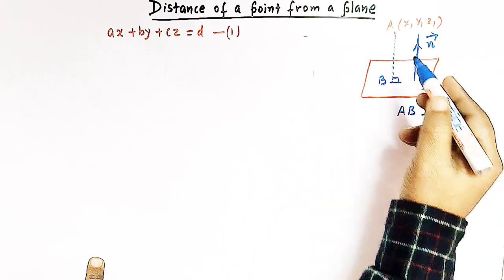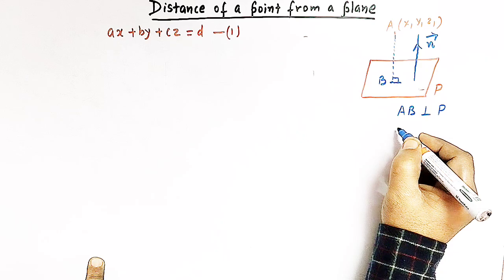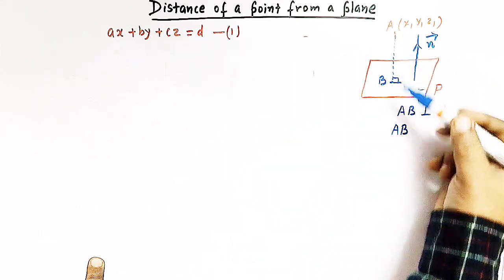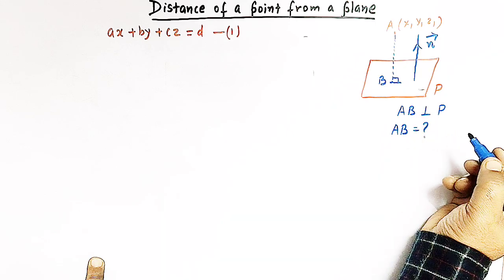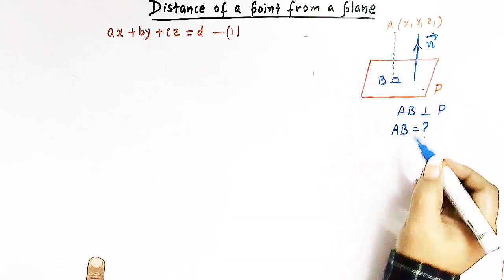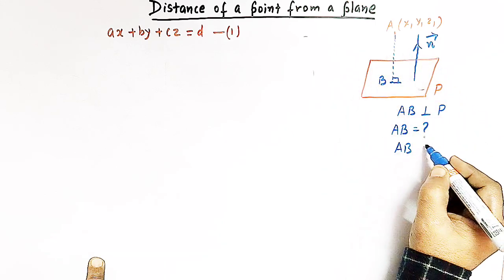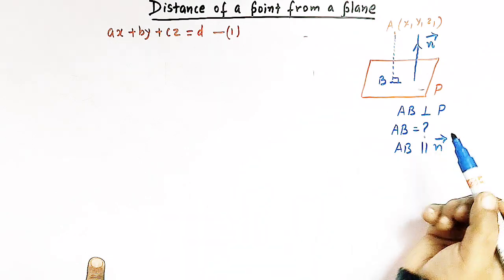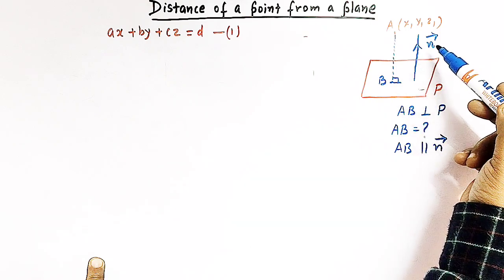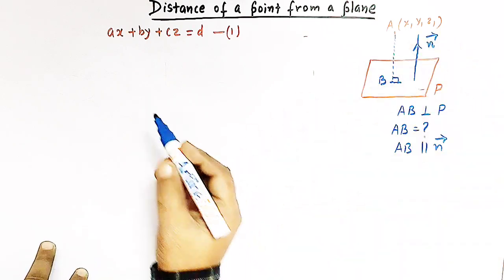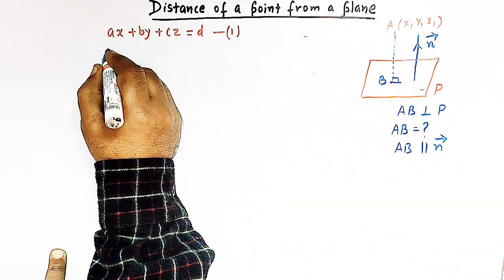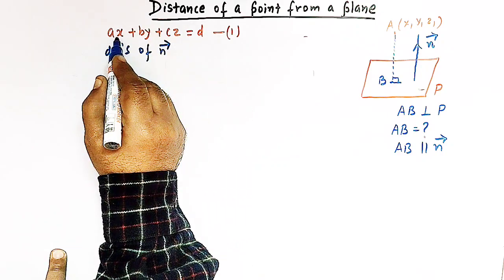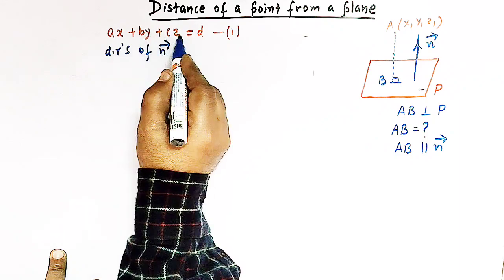So here we want to find out the formula for this length, that is the perpendicular length AB, right? And here we note that AB is parallel to the normal vector, right? So this perpendicular AB is parallel to the normal vector, and the direction ratios of the normal vector are given by the coefficients of x, y and z.